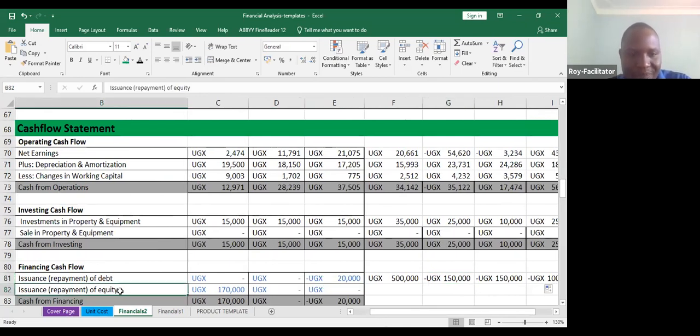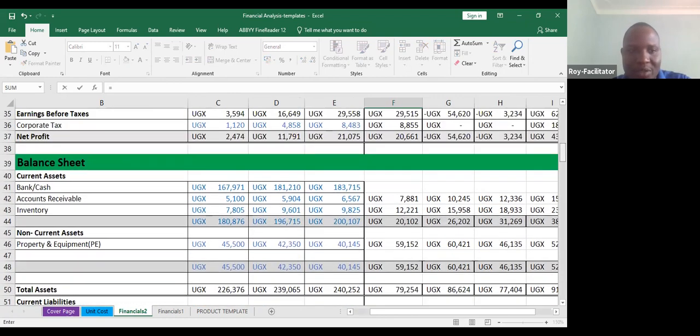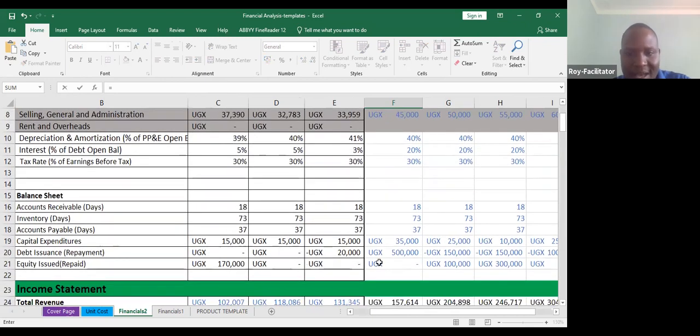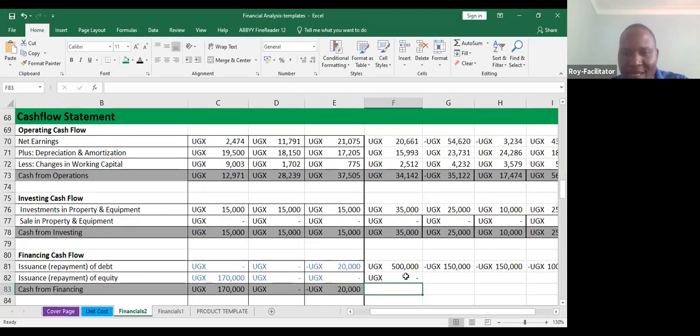Then equity, issuance and repayment of equity. So same, if I'm receiving equity, it means it's positive in cash. If I'm paying, it means it's negative. So I just still go back to our assumptions here. Remember, we said, as you can see here, maybe we're not giving, but the other years we shall give. So I'll just put here and extend.